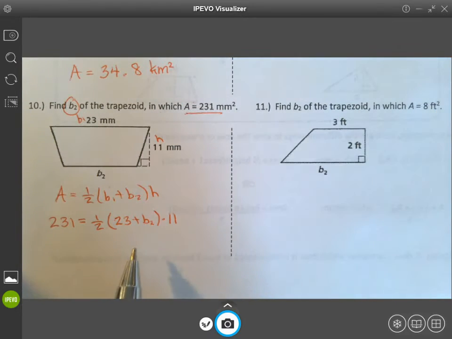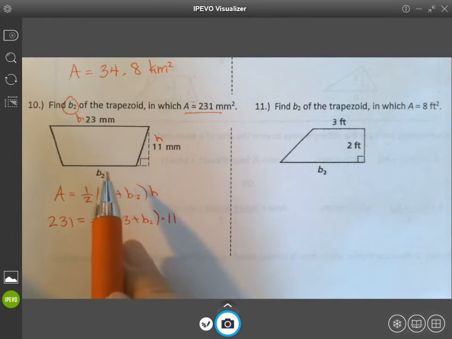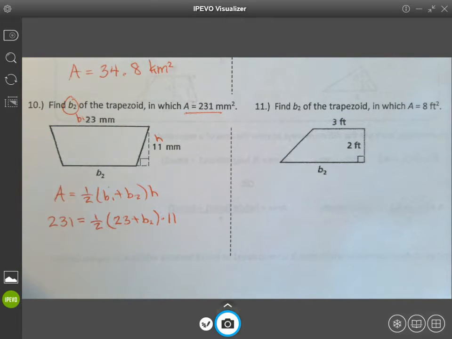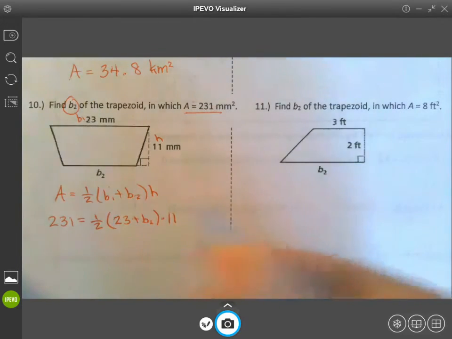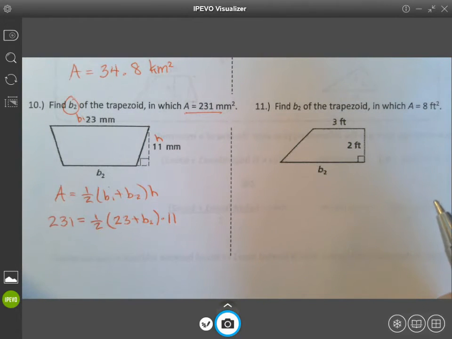So do you see that I'm solving it? And if that little B2 throws you off, just write it as the base. We know which one it is. How do I deal with this? What would you guys do? Divide by something. Multiply 23 and the base by 11.